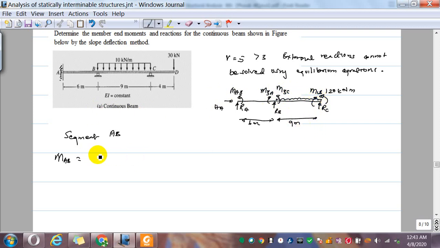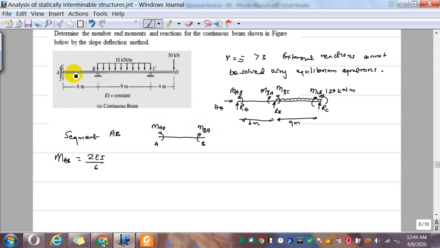If you consider MAB, 2EI over L, where L is 6 for segment AB. Here MAB, here MBA.